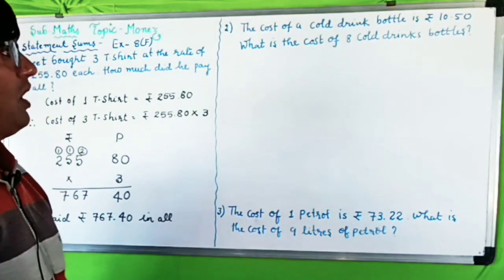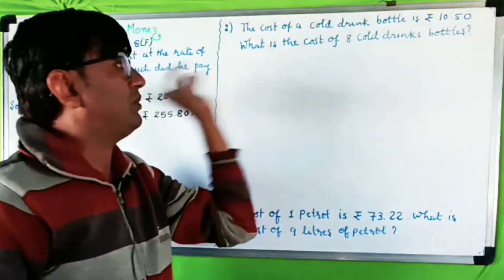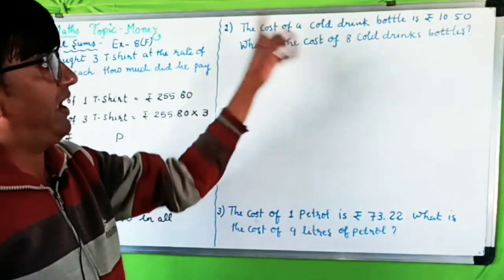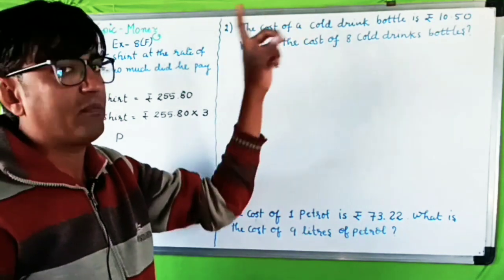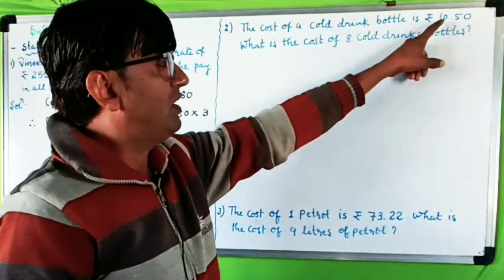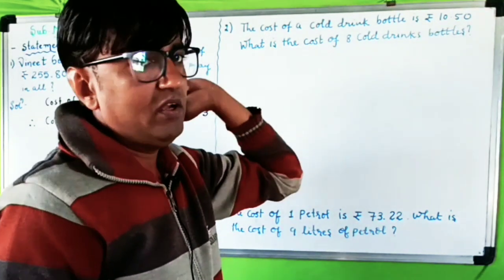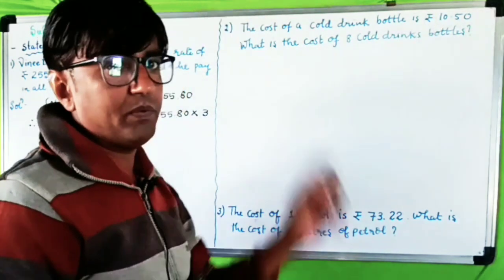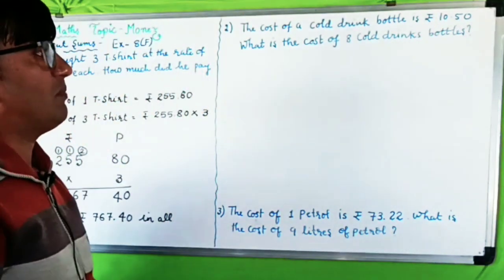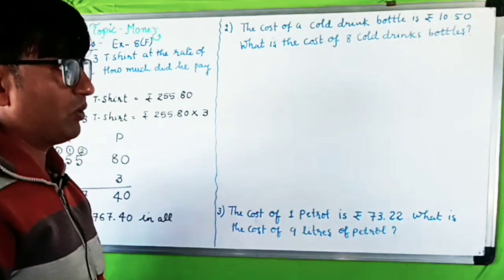The cost of a cold drink bottle is rupees 10.50, means the cost of one cold drink bottle is rupees 10 and 50 paise. What is the cost of 8 cold drink bottles? We have to find out the cost of 8 cold drink bottles.